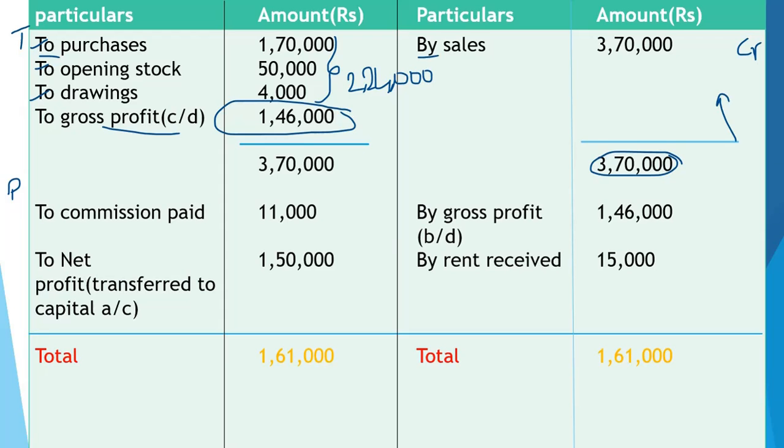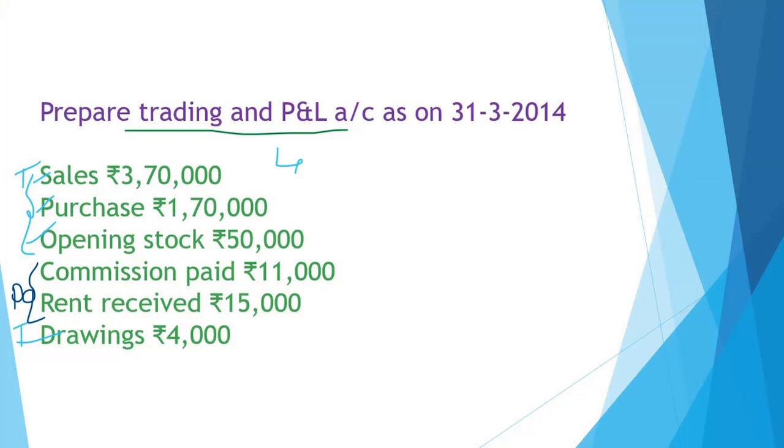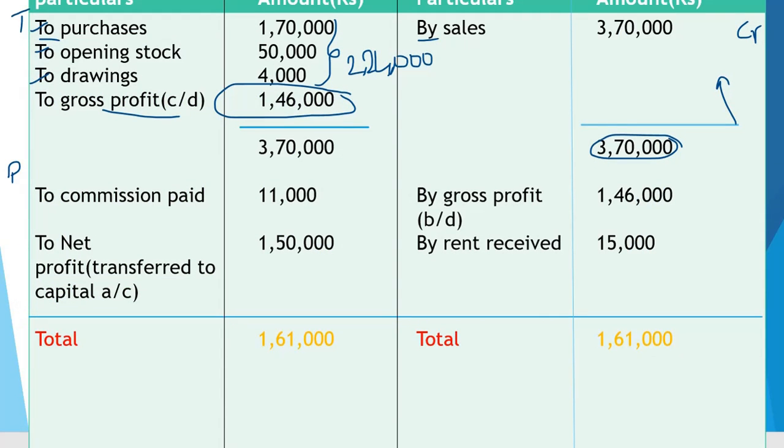Now let's come to the P&L account. What do we have in the P&L account, guys? Only commission paid and rent received. So commission paid is on the debit side. Rent received, because 'received' is present, without thinking we can write it on the credit side. So first of all, we need to write this gross profit on the credit side, guys.